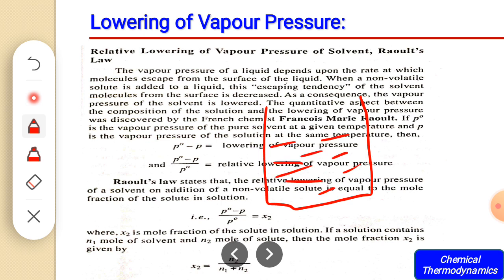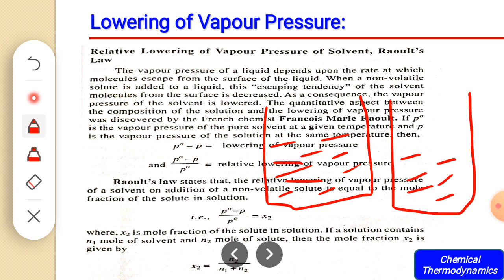But dear friends, suppose in this beaker I have only a solvent, and in another beaker I have a solution of a particular solute prepared in the same solvent. In the solution there are two types of molecules, one is the solvent, another one is the solute, and in the first beaker only solvent molecules are present.